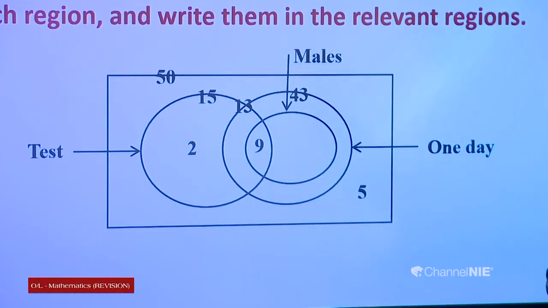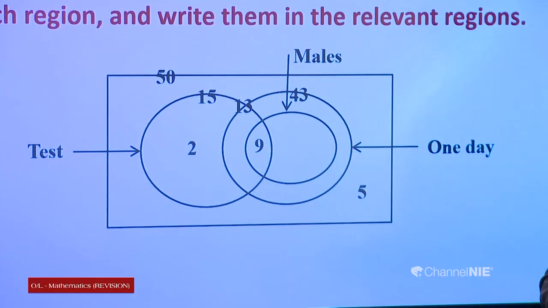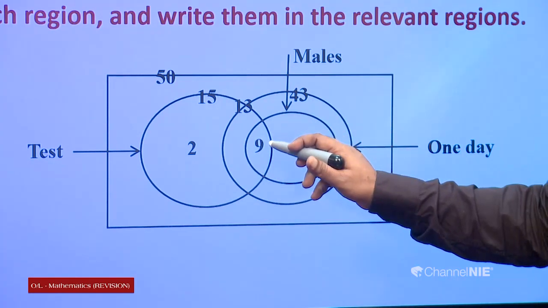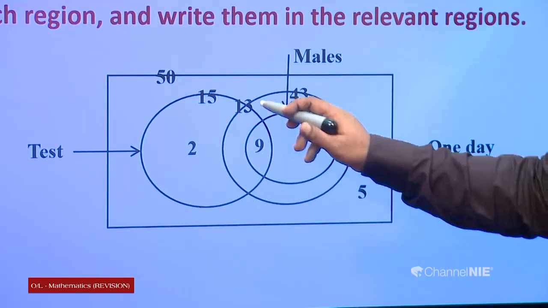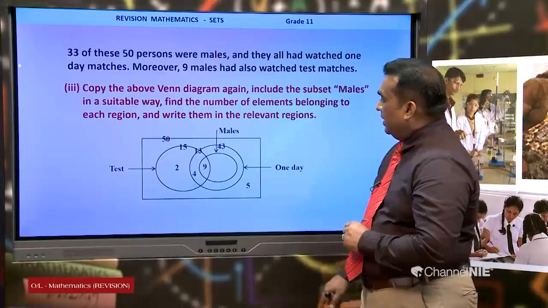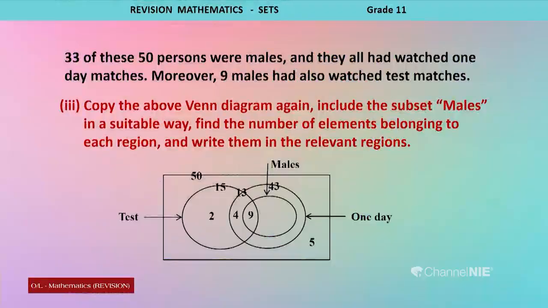There are 9 persons here, they are males. Therefore, 13 should be divided into 2 regions. Here 9, sum of these 2 is 13, 13 minus 9 should be 4, we will see. Here 13 minus 9 is 4, right?